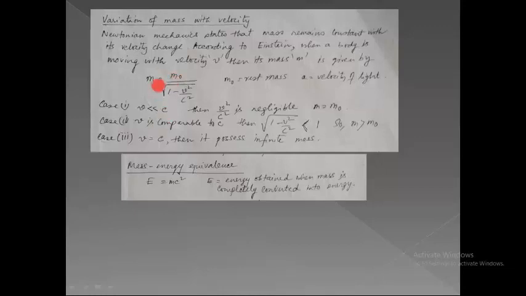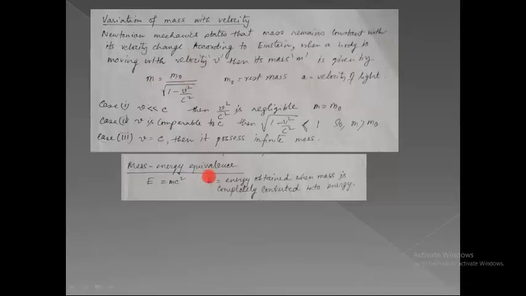But the mass changes when the velocity is comparable to the velocity of light. Then if you substitute the value, the mass changes from the rest mass. And if some body is moving with velocity equal to the velocity of light, then according to this equation, the mass becomes infinite.